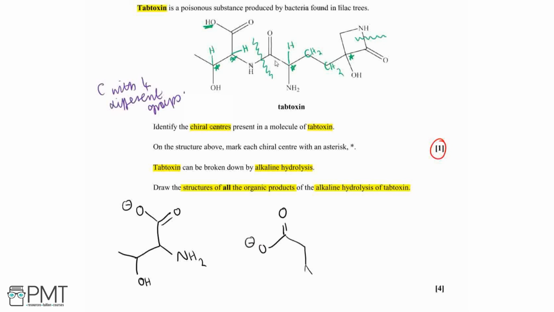So let's draw in the rest of our molecule now. And then for this last bit, we're opening up that ring structure. So we've got an NH2 here where we opened it up from the left-hand side of that bit. And then we've got our carbonyl and another negative oxide ion there overall.